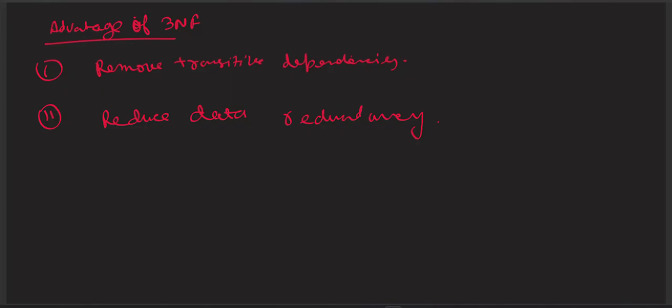The third advantage is improve data integrity. Data integrity means update, insertion, and deletion become safer and avoid anomalies like update anomaly, insertion anomaly, and deletion anomaly. So this is the advantage of 3NF.